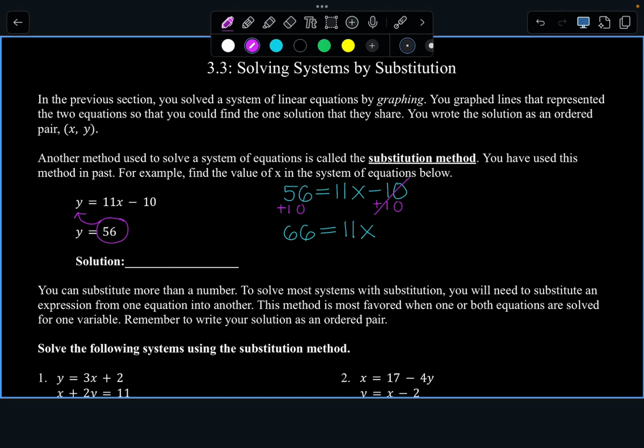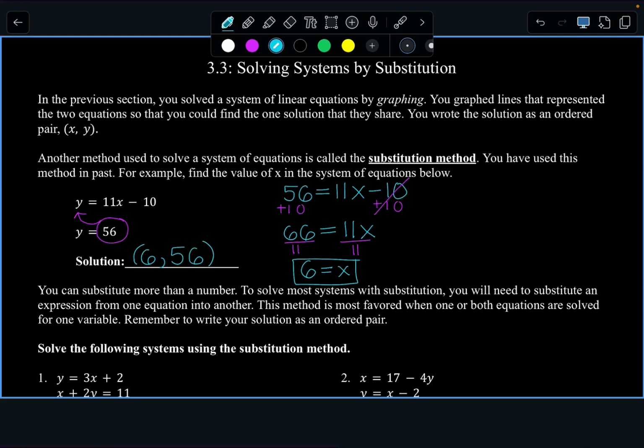To get x alone, we have to divide by 11. So 6 equals x. Because x is 6 and y is 56, that is the ordered pair 6 comma 56.